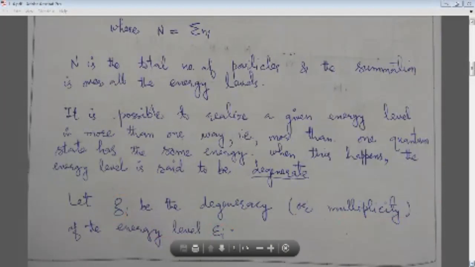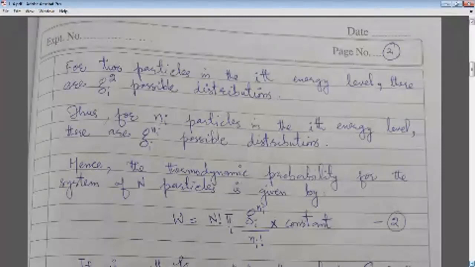The different states having the same energy are represented as gi. Now how to calculate this? Suppose we take a simple example. Suppose there are two particles in the ith energy level.